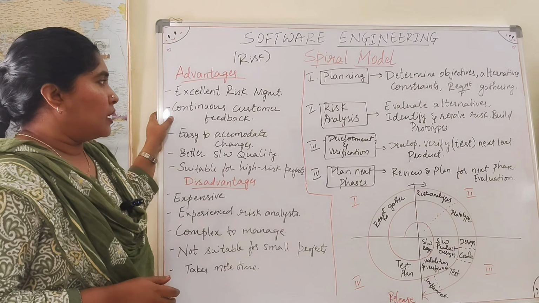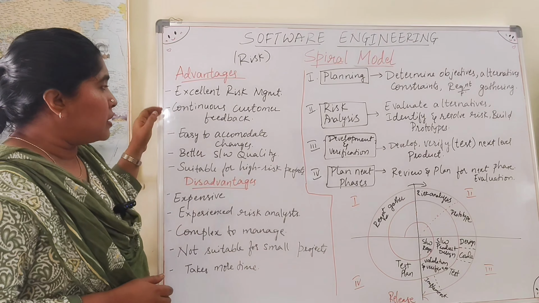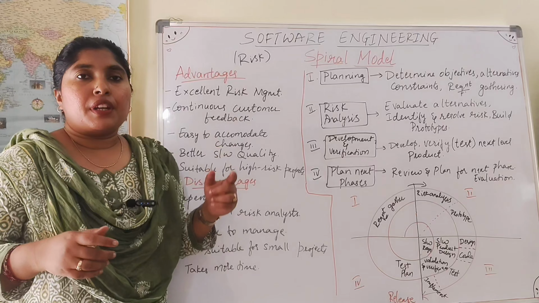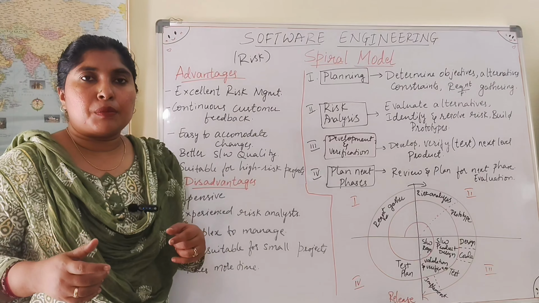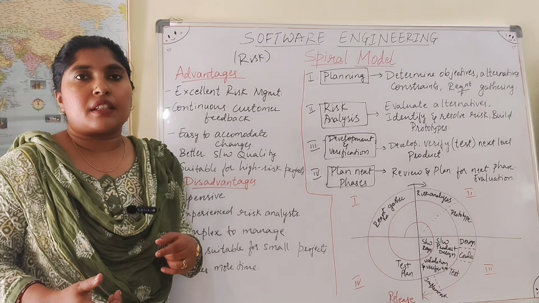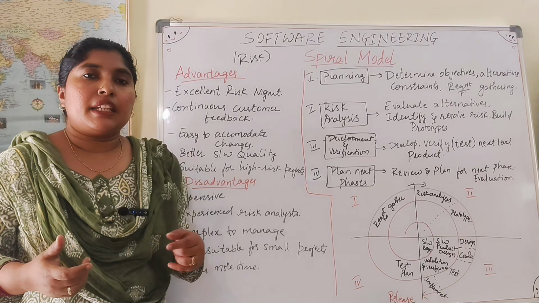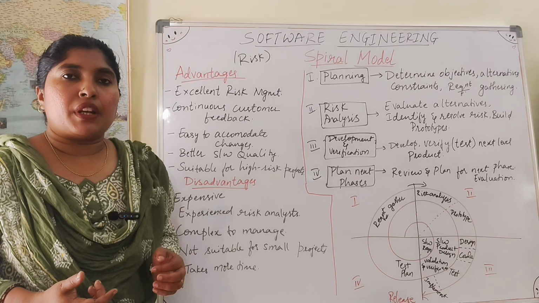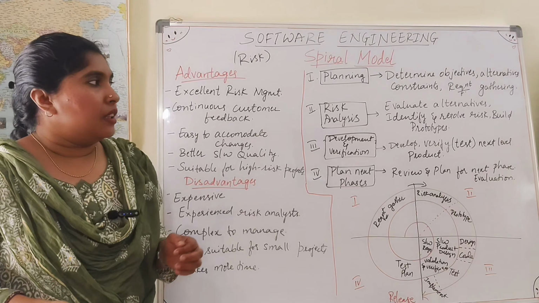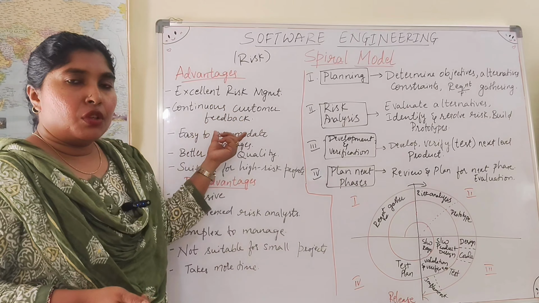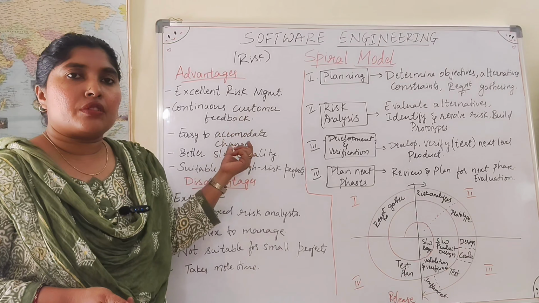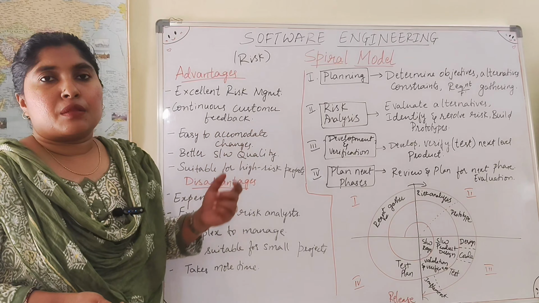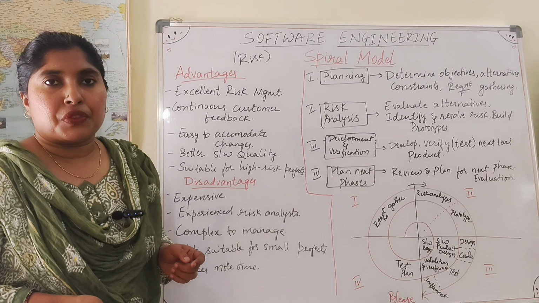Okay, continuous customer feedback, that is the advantage. So here, after every spiral the customer reviews are taken, and collectively they'll get the feedback, and improvements can be incorporated in the next cycle, so that customer reviews and feedbacks ensure that the project will meet the customer requirement or specification.